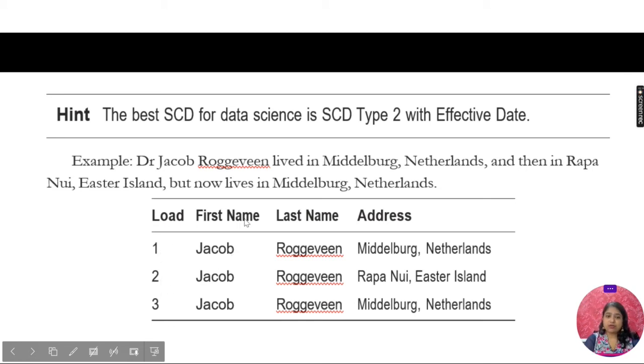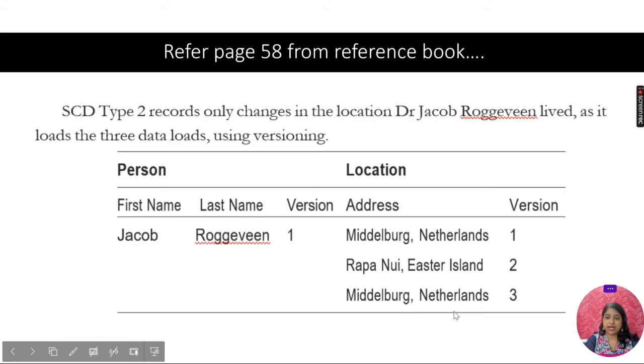There are 3 records for Dr. Jacob, and the addresses are first Middelburg, Netherlands, then Easter Island, and again Middelburg, Netherlands. Now SCD type 2 records only changes in the location of Dr. Jacob.